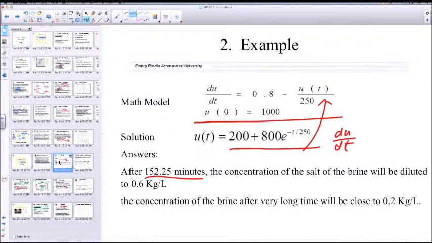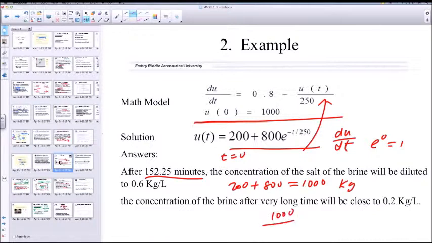Look, when you put t equal 0, look how much you get: 200 times e to the 0, which is 1, plus 800. That's exactly 1,000 kilograms of salt. And your volume is 1,000 liters. And then you divide, you get 1. And that's the concentration in the beginning. That makes sense. Okay. You checked one thing.